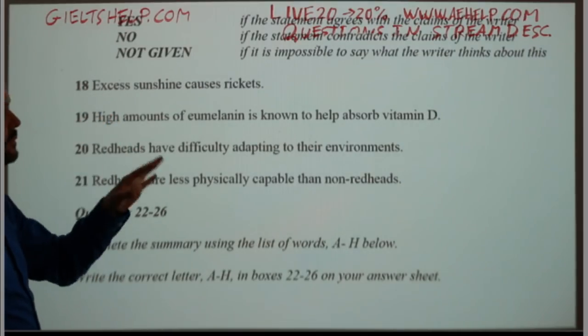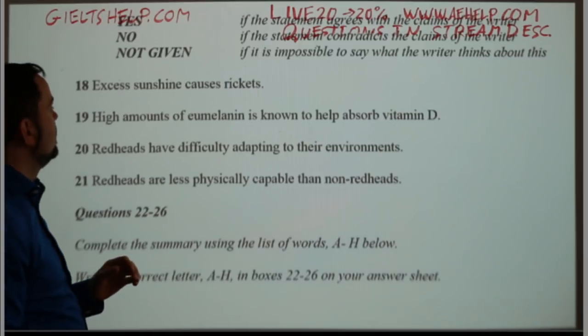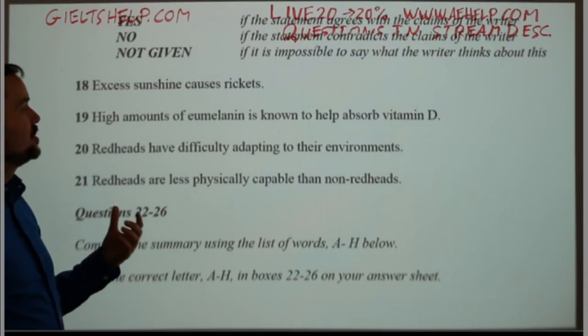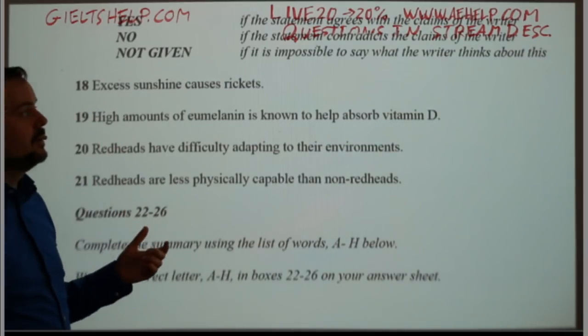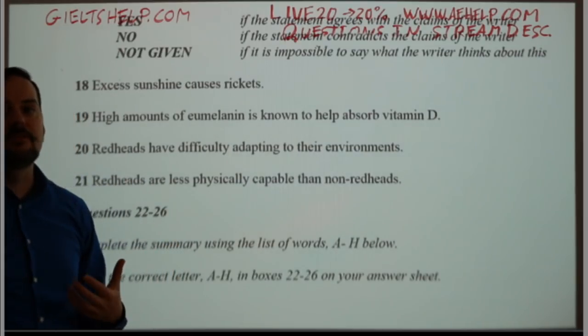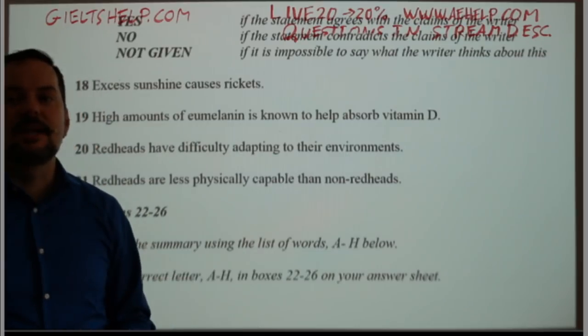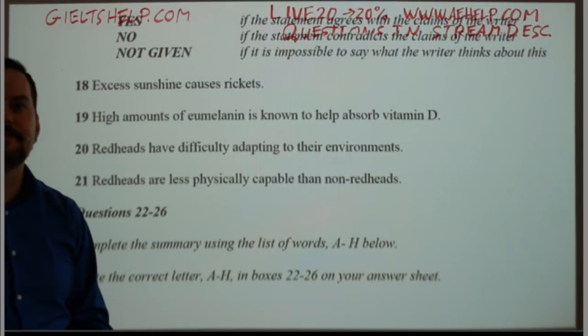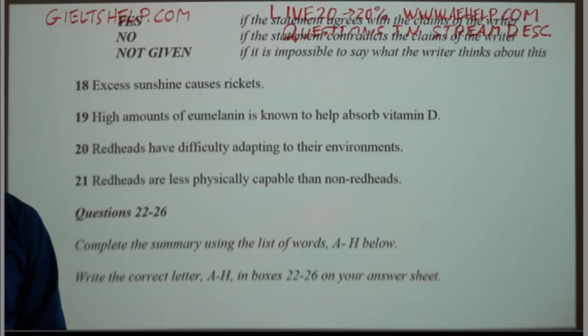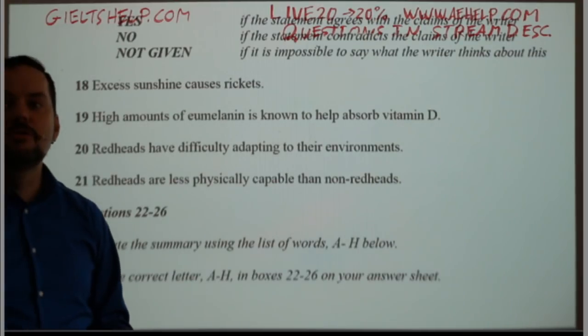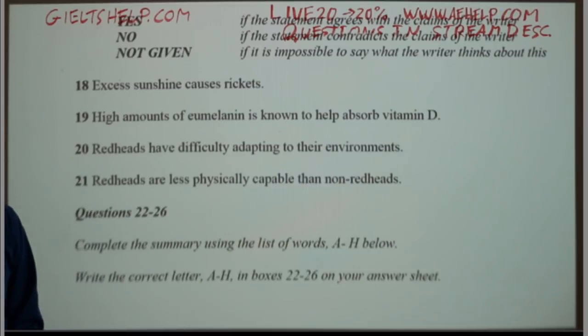Let me ask some of you that are watching these lessons regularly what the strategy is. So yes, no, not given. What's the strategy for this kind of question? What should I do? What's my first step? Anybody remember from previous classes what I can do for yes, no, not given or true, false, not given questions? That's right, Yvonne.